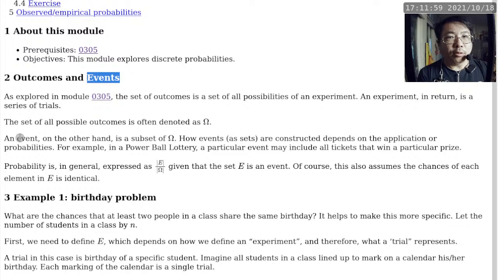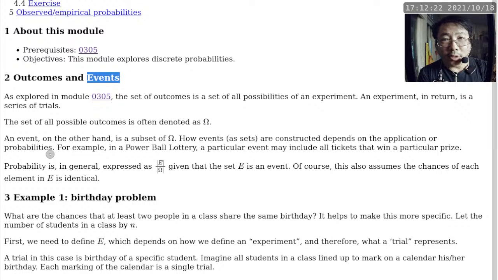So an event is basically a subset of big omega. How events as sets are constructed depends on the application or probabilities. There's no set equation to relate the event set with the omega. It all depends on what you want to accomplish.